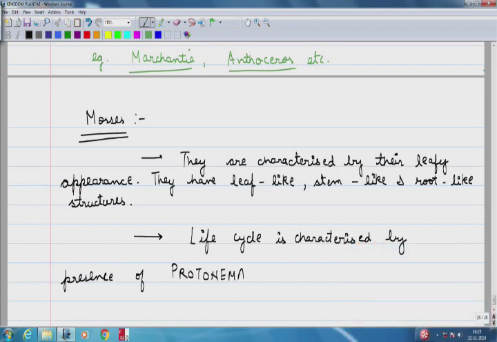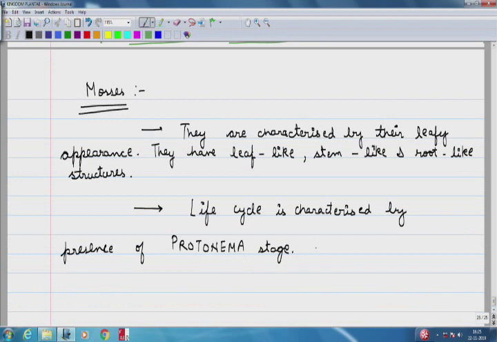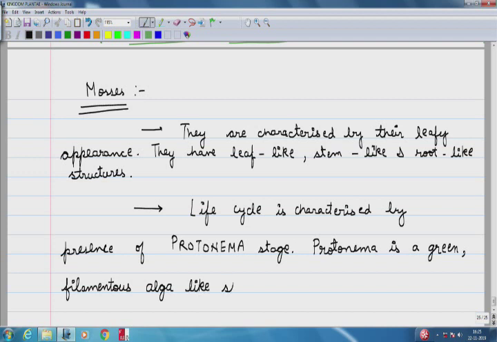Protonema is a green filamentous structure, a green filamentous alga-like structure.